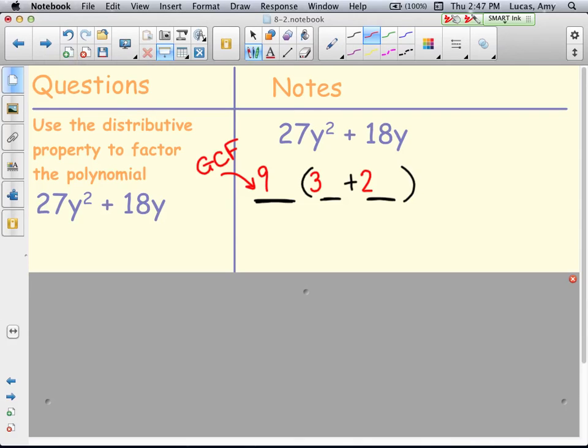So y to the second power means that I would have two y's multiplied together, but my second term has only one y. So in common, they only have one y in common. So I need that extra y after my 3. So I believe that my factored form is going to be 9y times 3y plus 2.